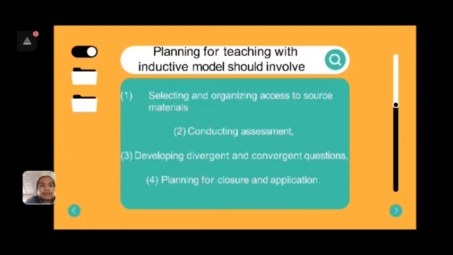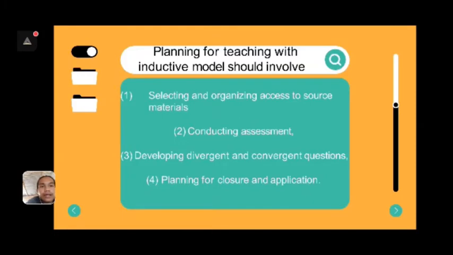So, planning for teaching with the inductive model should involve selecting and organizing access to source materials. Second is conducting assessment. The third is developing divergent and convergent questions, and the last one is planning for closure and application.